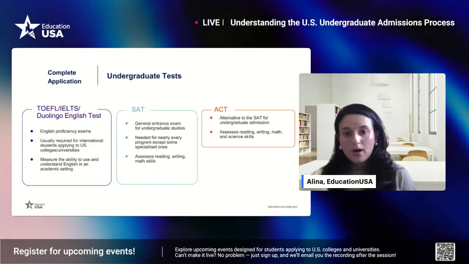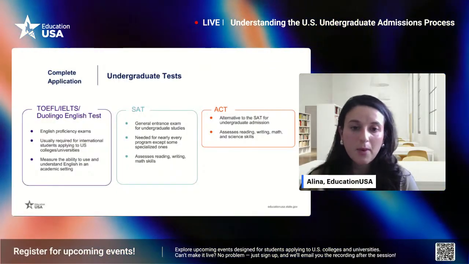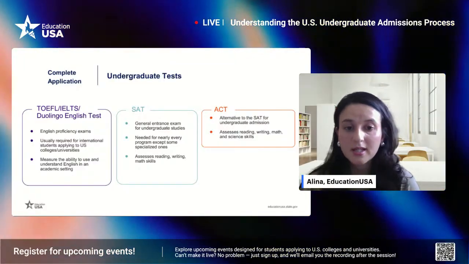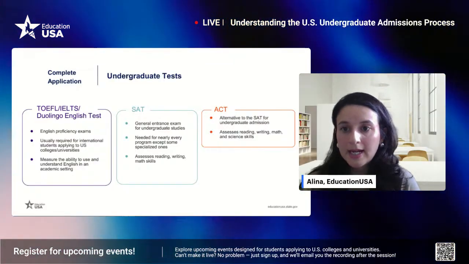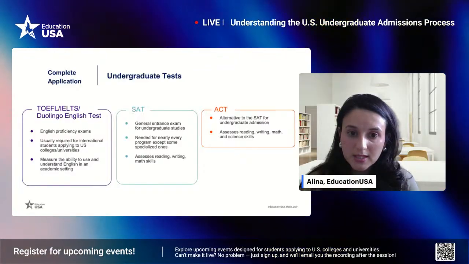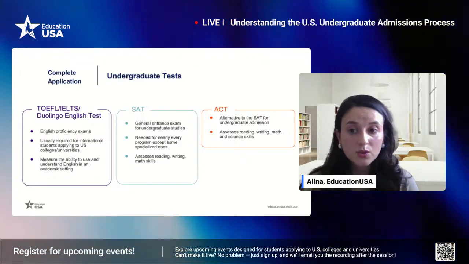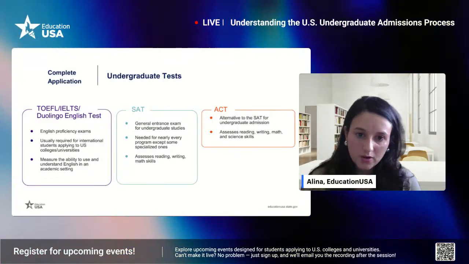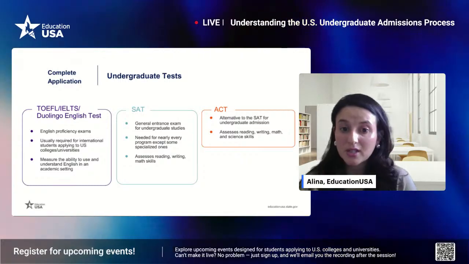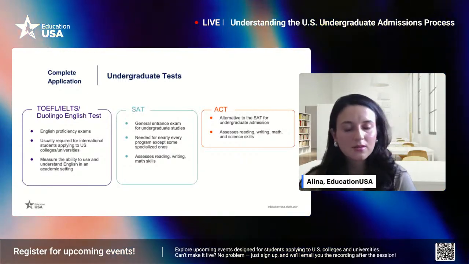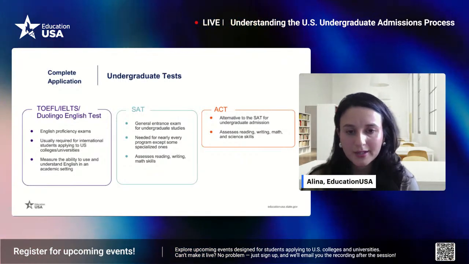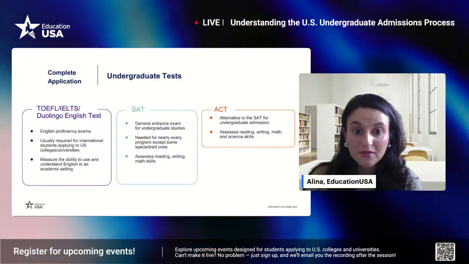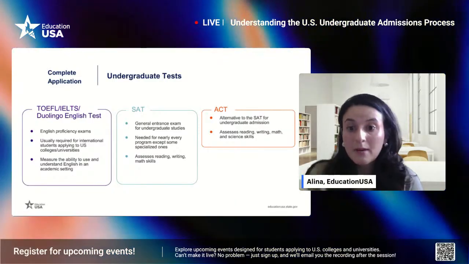Okay, so we already said that part of the application itself are the standardized tests and the English proficiency tests. When we say English proficiency tests, those are TOEFL, IELTS, and the Duolingo English Test. There are also more of them, like the Cambridge tests, that you can get, but you need to check with the university itself if they are accepting them.